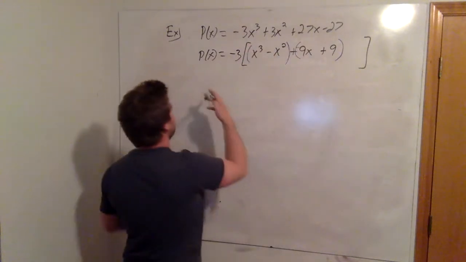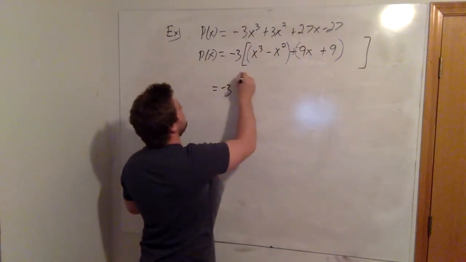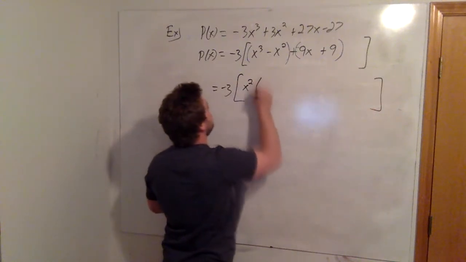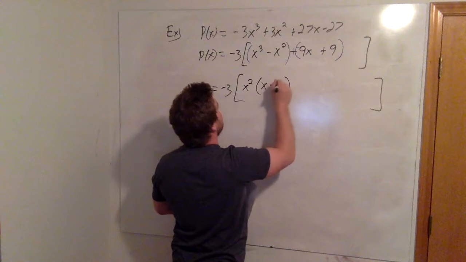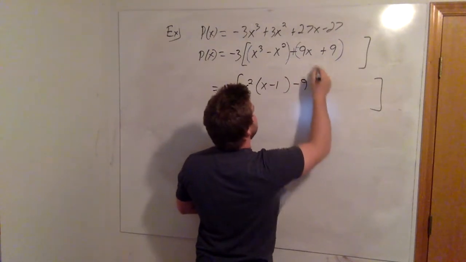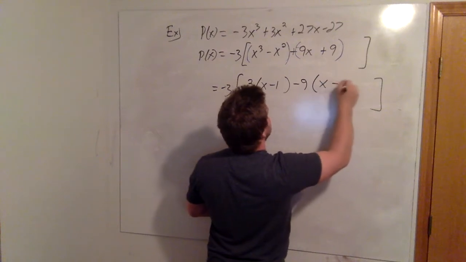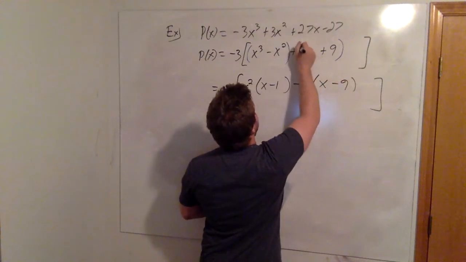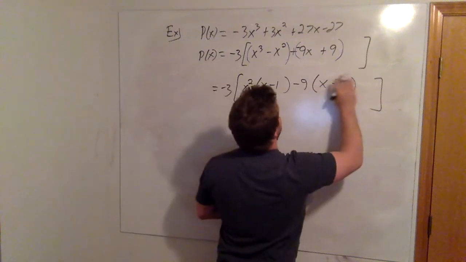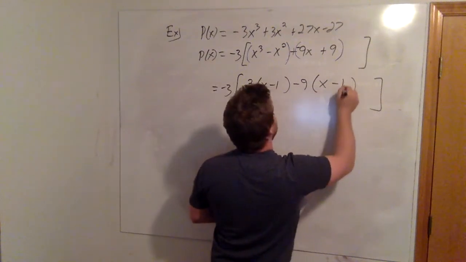So let's see what we're left with. A negative 3. I can factor out an x squared, so I'll have an x minus 1. I can factor out a negative 9, and I'll be left with x minus 9. Oh, sorry, since I factored out a negative 9, this will be plus 1.